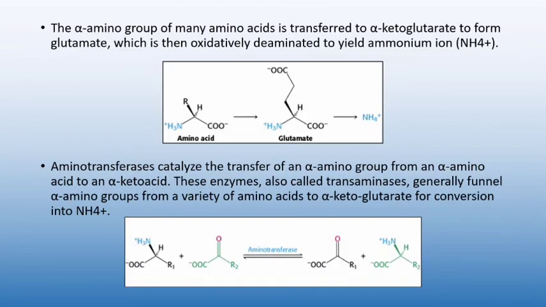The alpha amino group of many amino acids is transferred to alpha ketoglutarate to form glutamate, which is then oxidatively deaminated to yield ammonium ion. Aminotransferases catalyze the transfer of an alpha amino group from an alpha amino acid to an alpha keto acid. These enzymes, also called transaminases, generally funnel alpha amino groups from a variety of amino acids to alpha ketoglutarate for conversion to ammonium ion.